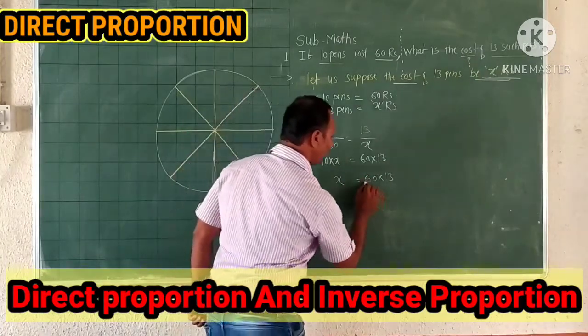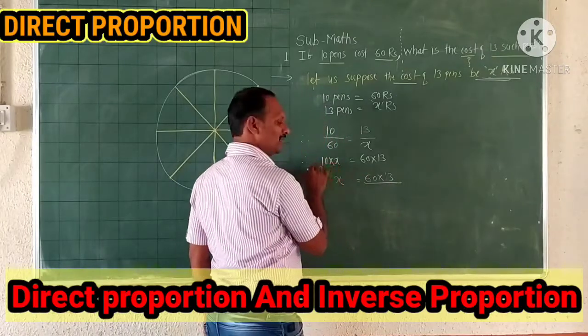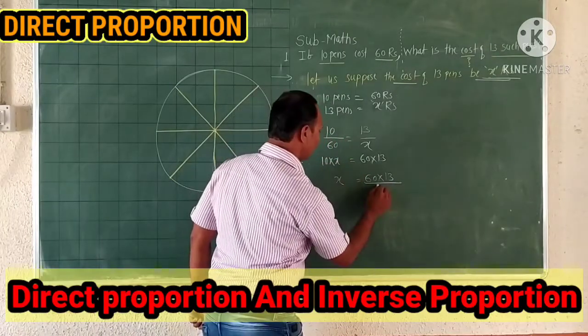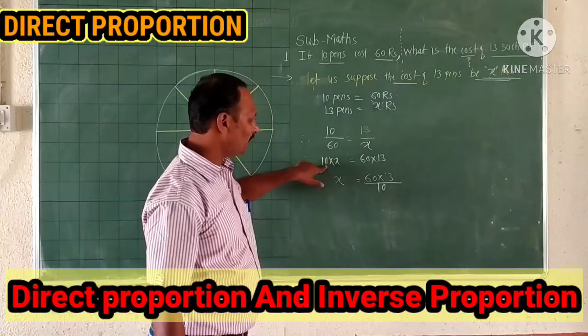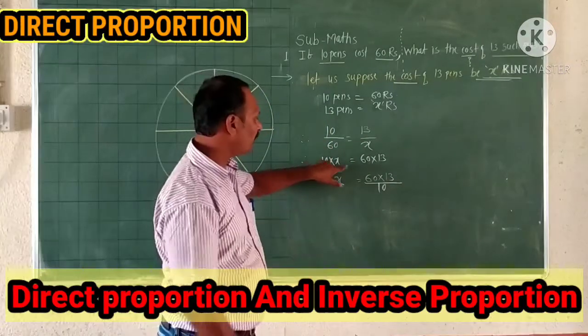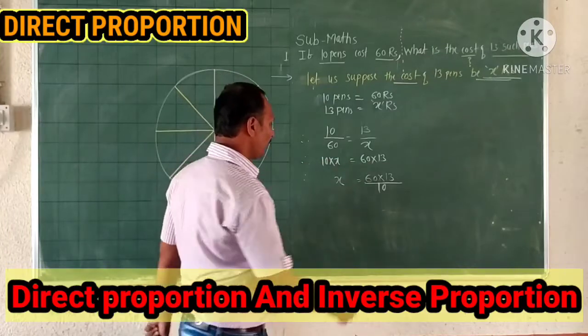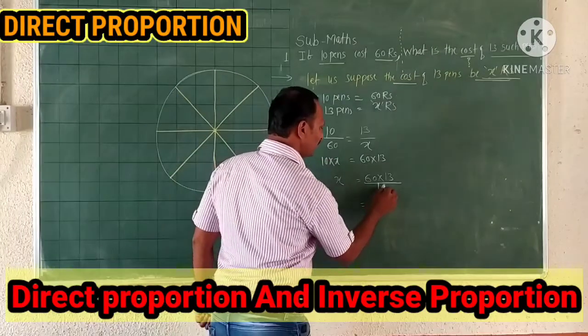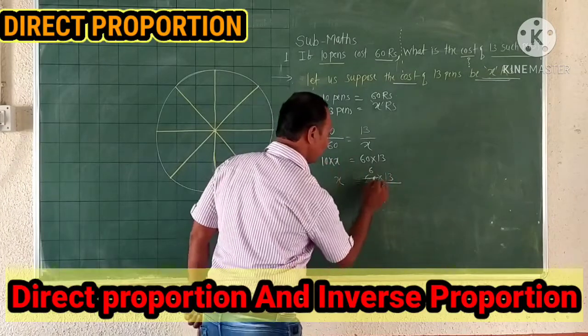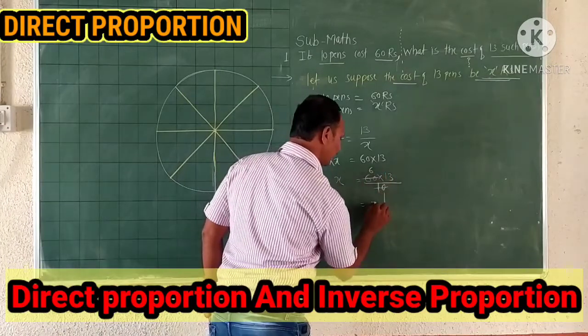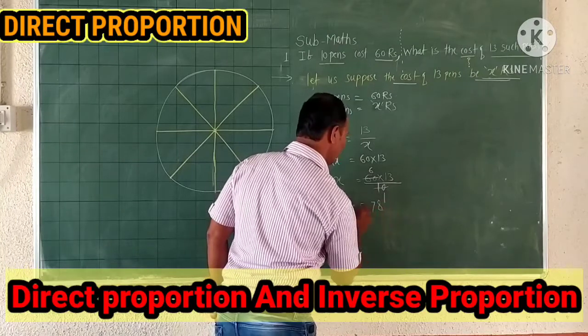So you divide here. 10 is multiplied here; when going to the other side of the equal sign, it is divided. Okay, you remember this point? Then you divide: 10 ones are 10, 10 sixes are 60. Means here 6 into 13, 6 threes are 18, 6 ones are 6, so 78.